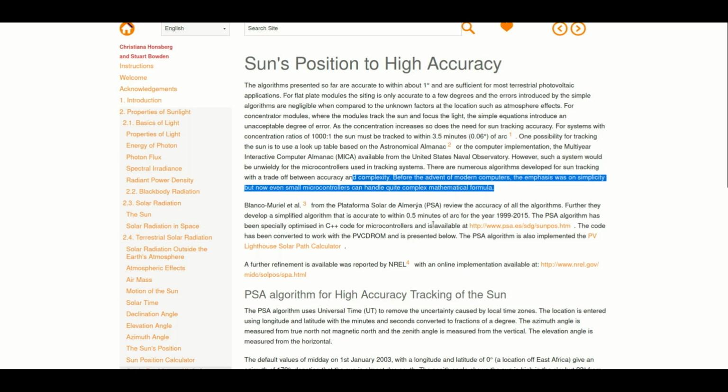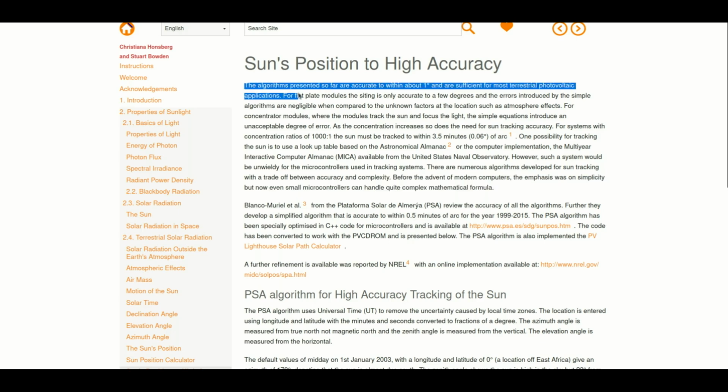That's what my spreadsheet does. No one's really put it together. They've got factors here, factors there, this, that, the other thing. This one here's, the disclaimer is flat modules, only accurate to a few degrees, doesn't have the Bureau of Meteorology factors put in there, etc., etc.